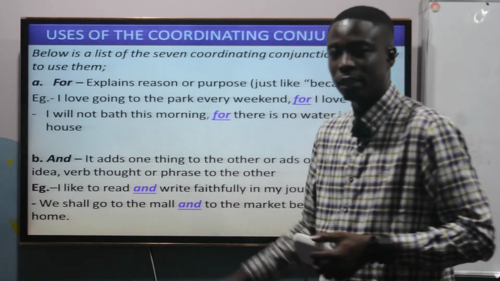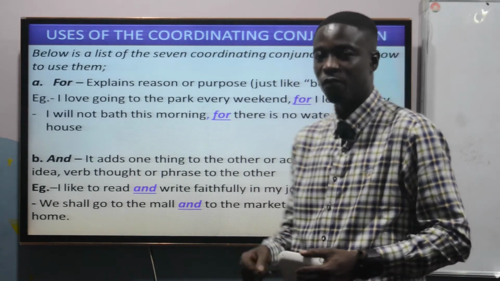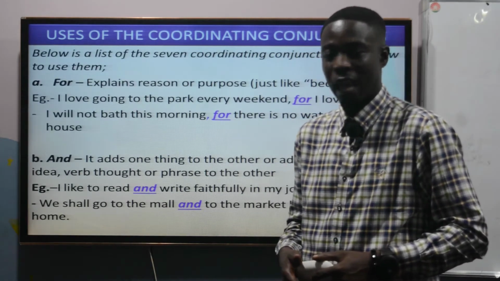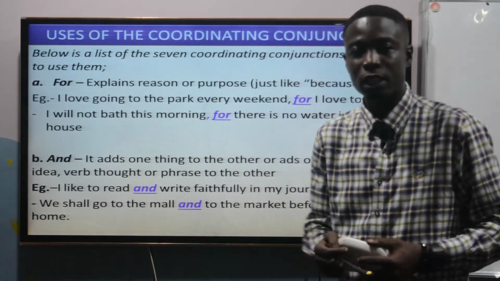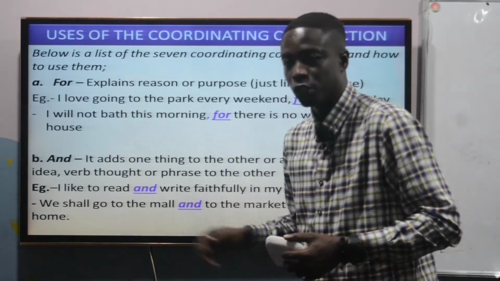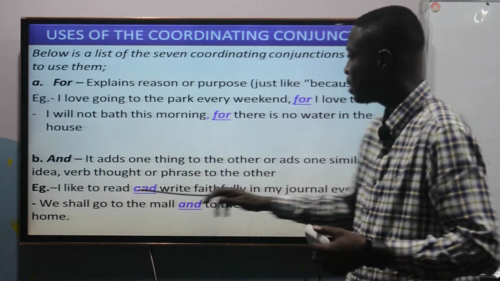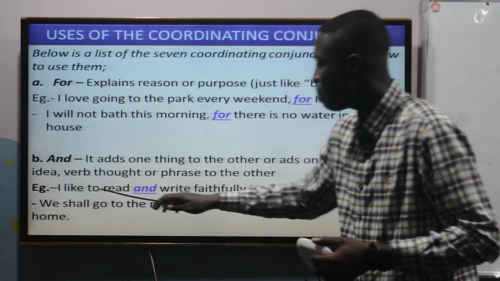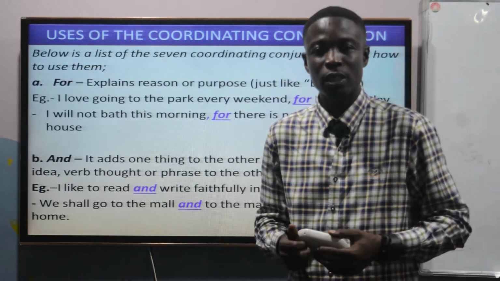I like to read. At the same time, I like to write faithfully. And the right coordinating conjunction to be used is and, listing similar thoughts, ideas, or actions that are performed together.